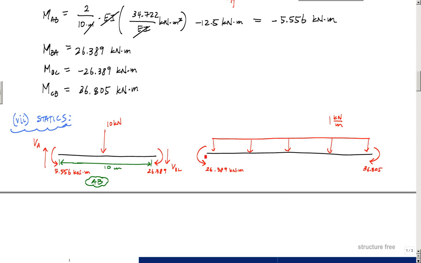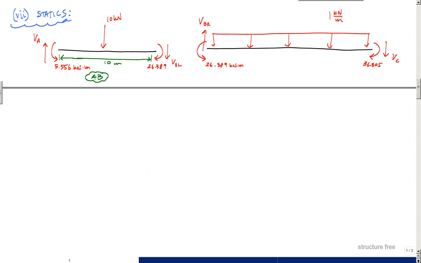And then here the shear on this side, I'm just going to initially draw it like this, VBR. And on this side, it will be the shear at C right here. And now using basic statics, for member AB, I can determine VA and VBL, right?